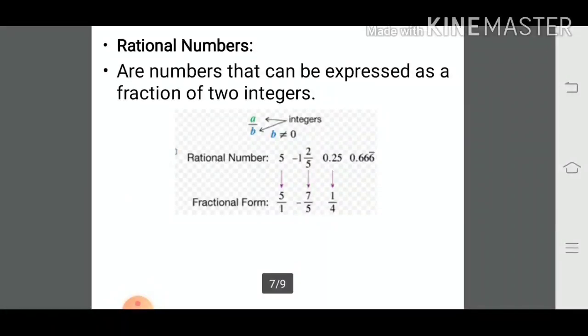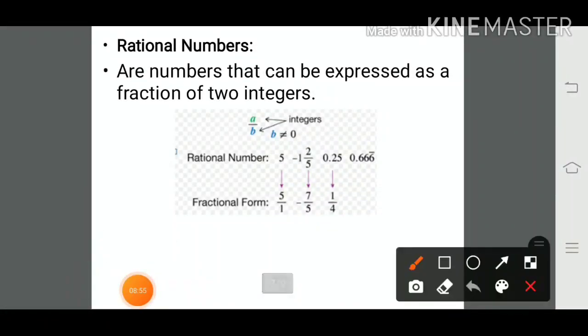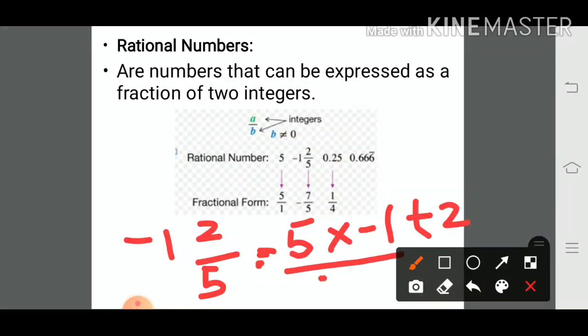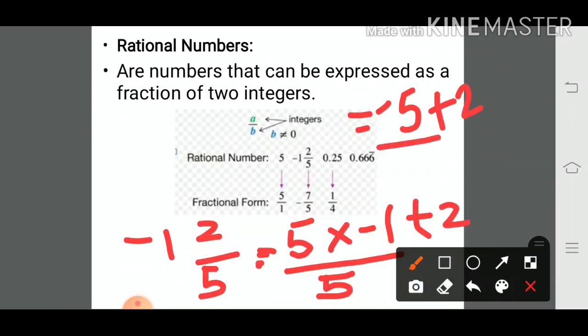Okay, the second example is minus 1 2 upon 5. So how can it be written? Yes, it is 5 into minus 1, then plus 2, divided by the denominator. Correct. Now what is this value? 5 into minus 1 becomes minus 5, plus 2, divided by the denominator 5, correct?